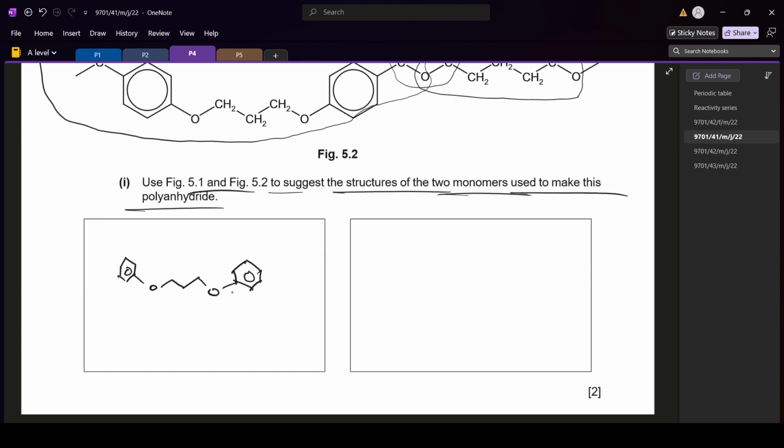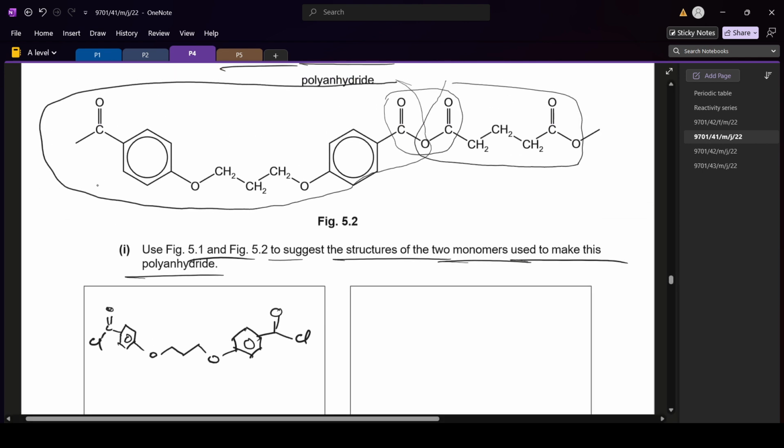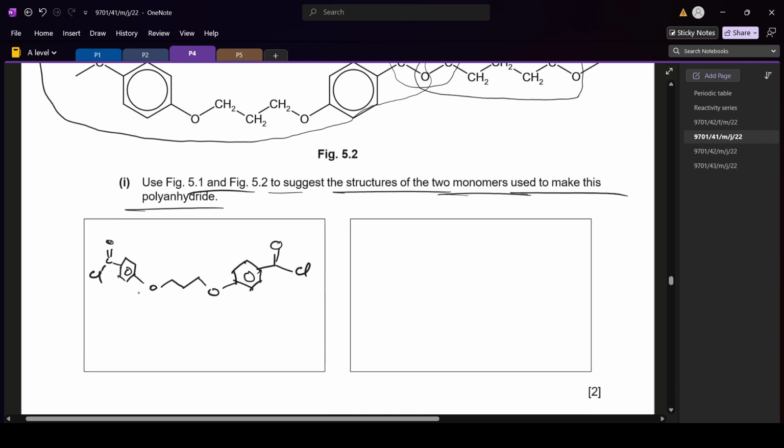Okay, so like this, and like this. Okay, I am considering that this Cl group is attached on this monomer. Okay, you can add this OH group as well here.